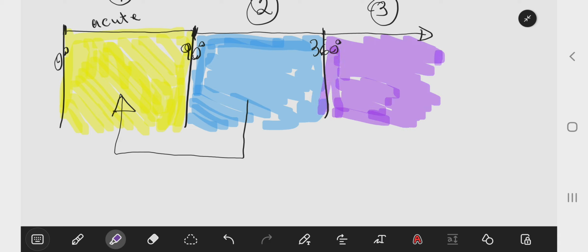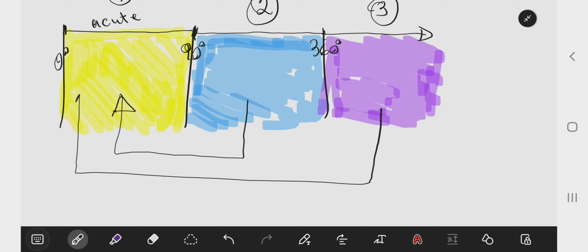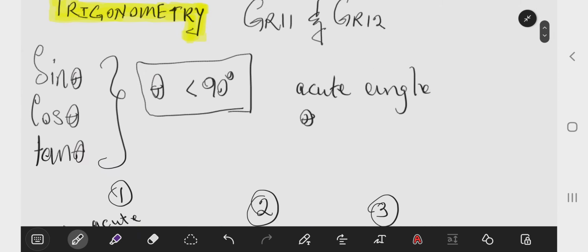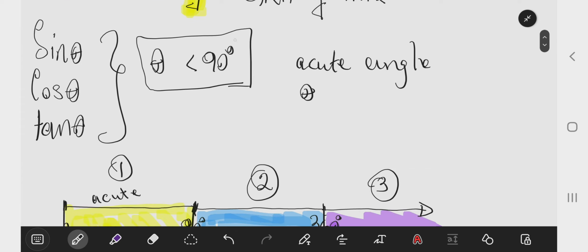To get the ratios of the different trigonometric functions, you have to reduce this angle and take it to the first region, from 0 to 90, because we said that your theta should be less than 90, right? It should be an acute angle.